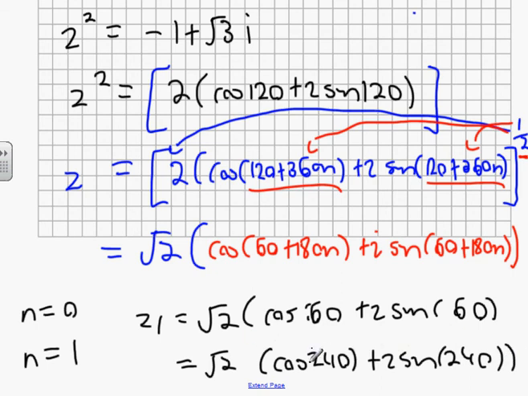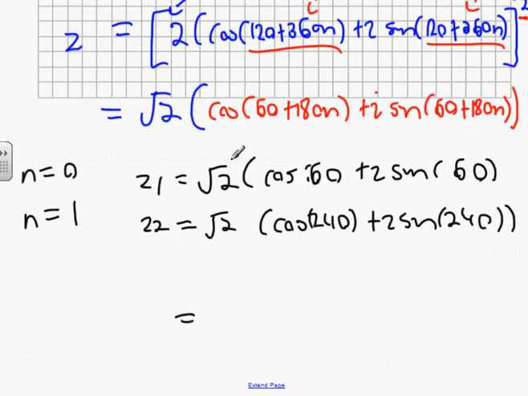Okay. So, put that into the calculator. Will somebody tell me what root 2 cos 60 is? Root 2 over 2. Oh yeah, we'll just leave it as the calculator gives it. Root 2 over 2, and then i, root 2 sine 60, root 6 over 2.